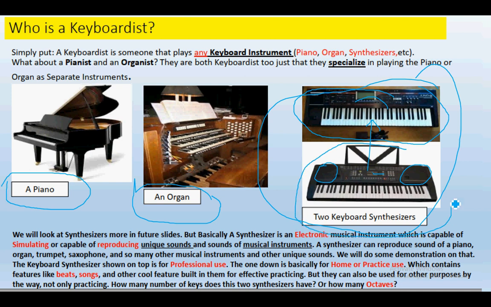So this is not a piano, it's a synthesizer, an electronic keyboard. This is a piano. This one is for professional use, and this is for home or practice use, but they are both synthesizers able to produce other unique sounds.